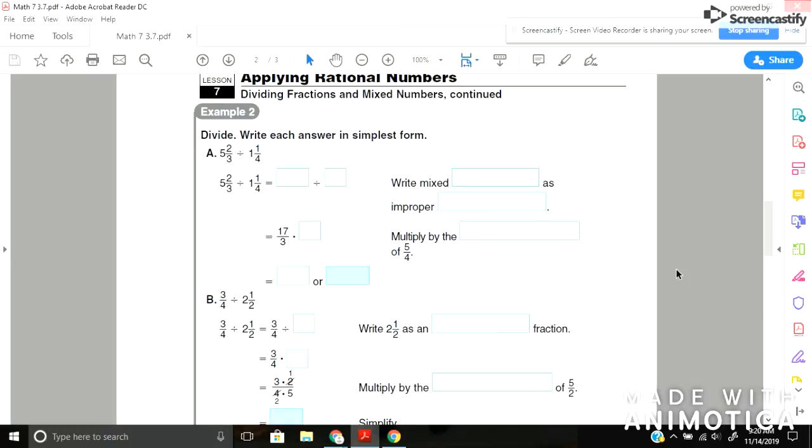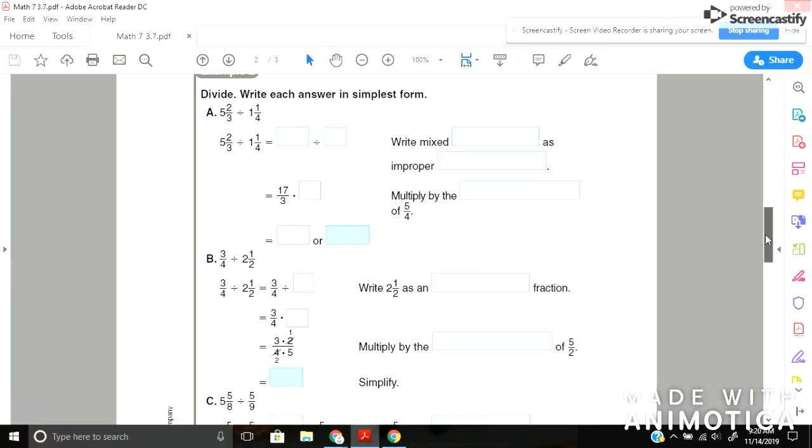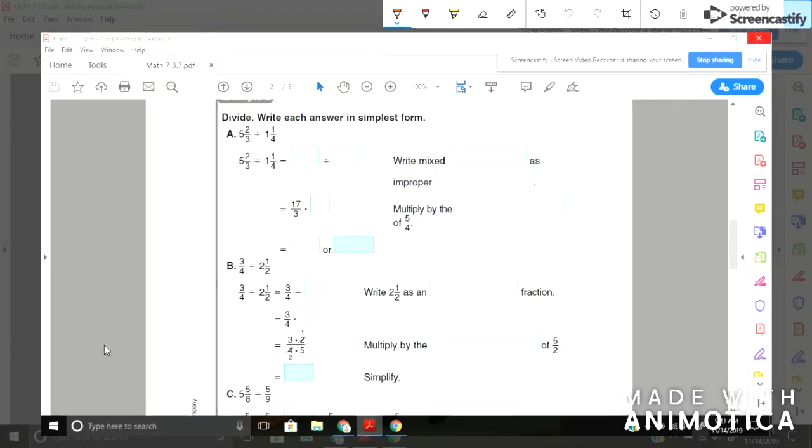All right, example 2 now, we are dealing with mixed numbers. So you can see that we've got a whole number with a fraction. The trick here is to just rewrite your mixed number into an improper fraction.